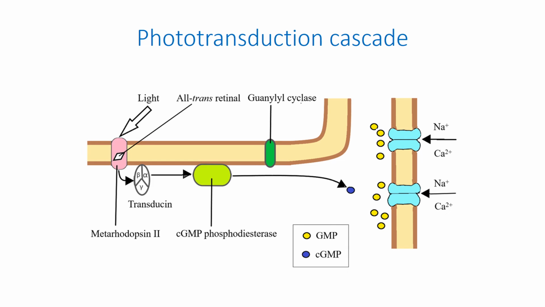Biochemical cascade initiated by one photon capture provides quick signal amplification. It was shown that activation of one rhodopsin molecule ultimately leads to the closure of about 200 cation channels, which causes a decrease in the membrane potential of 1 mV.